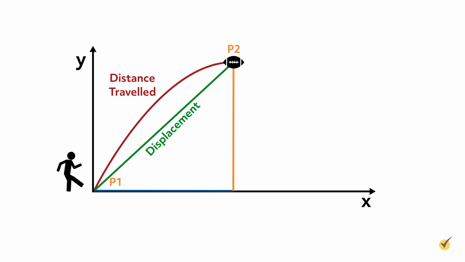Clearly, the distance traveled and the displacement are not the same. We can also say that the football's direction is obviously changing, so it is not moving at a constant velocity, which means it's accelerating. Note that since gravity is pulling down on it, its vertical speed decreases as it moves upward. We know this because it eventually stops going up and starts to move back down.